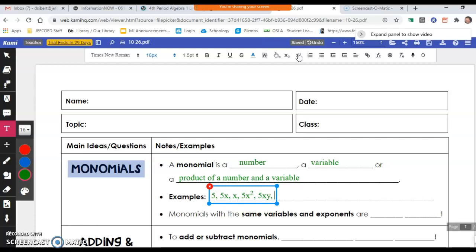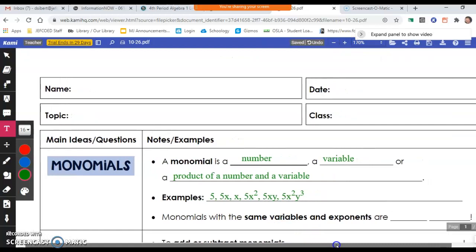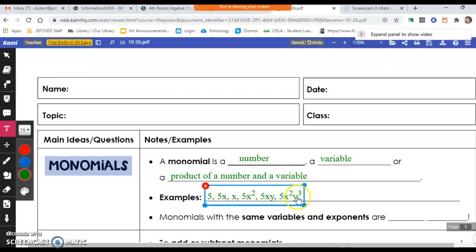It could also be 5x. You could put an exponent with those, like 5x squared and y squared, or y to the third. Okay, any of those are possible options. Zoom in a little more for you guys. Okay, still dealing with some options here.